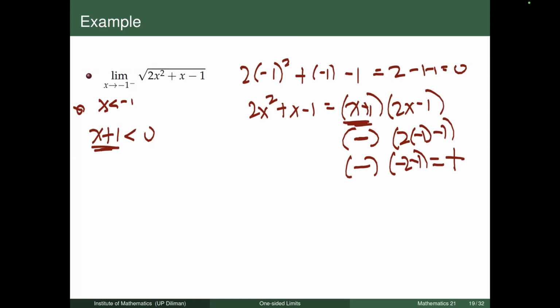No? Kasi magkakaroon ka ng negative times a negative number. Okay? So, the whole thing will be positive. So, this radicand now is going to 0. Okay? So, this radicand is going to 0 through positive values.